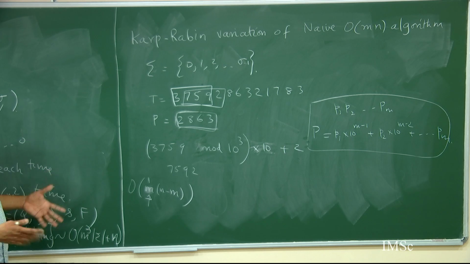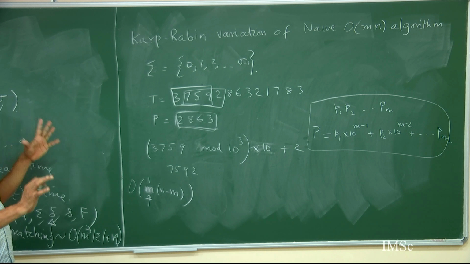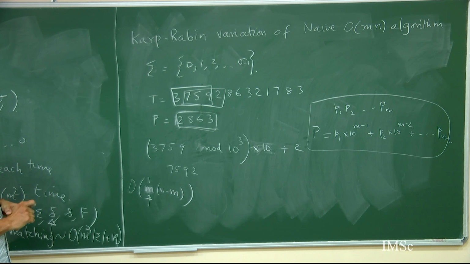But this still works in practice as long as the pattern is small, okay. Now, if these numbers are big, then there is a way around, which is to do a modulo some small number and then do your comparison, okay.